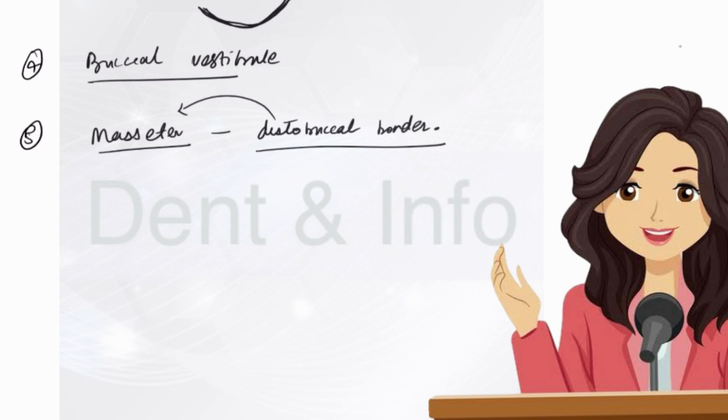It's a muscle of mastication. You know the origin and insertion, very nicely explained by Sir in anatomy. So this distobuccal region is affected by an elevator muscle. Masseter is an elevator muscle of mastication, and it is mainly responsible for generating bite force during mastication. That is a key point of your masseter muscle.